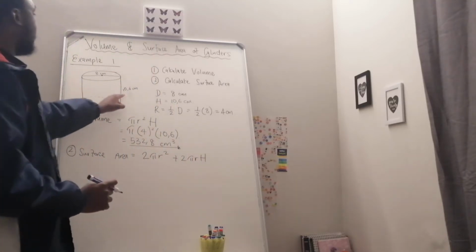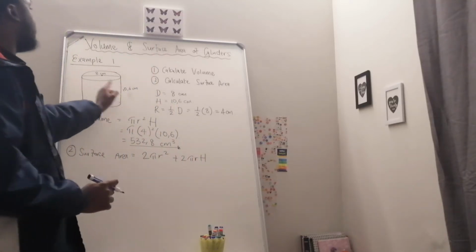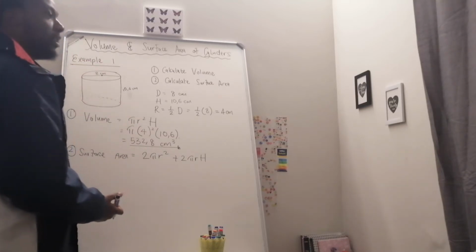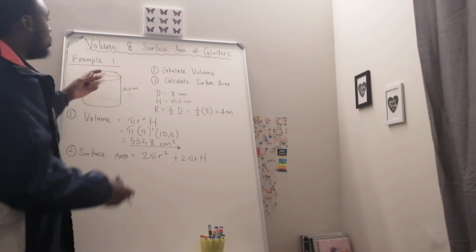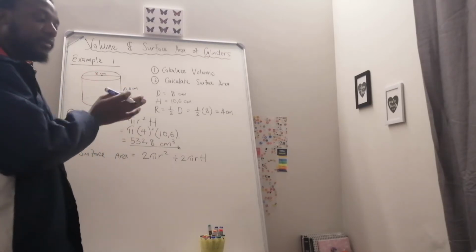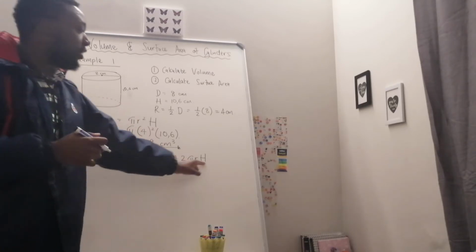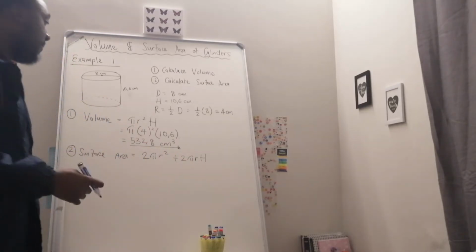And this is this piece of the cylinder. If you take out the top circle and the bottom circle, you'll just have this part of the cylinder, right? So when you open it up, that's how it looks when you're calculating the area, right?